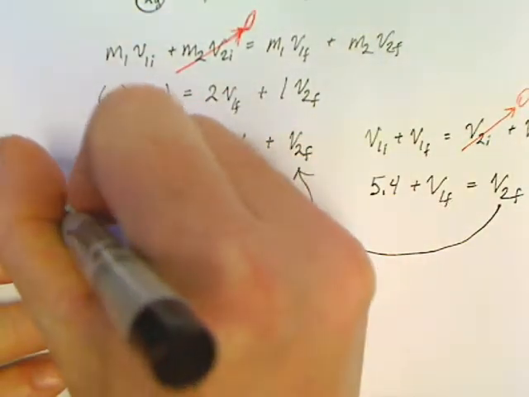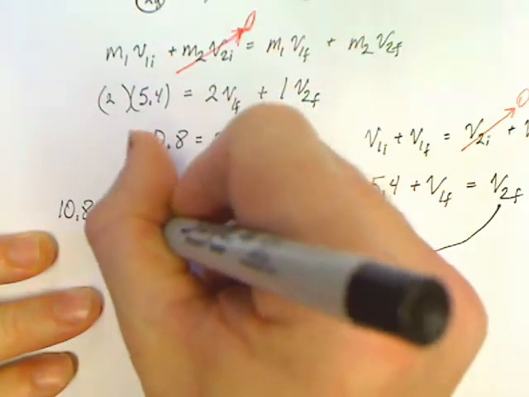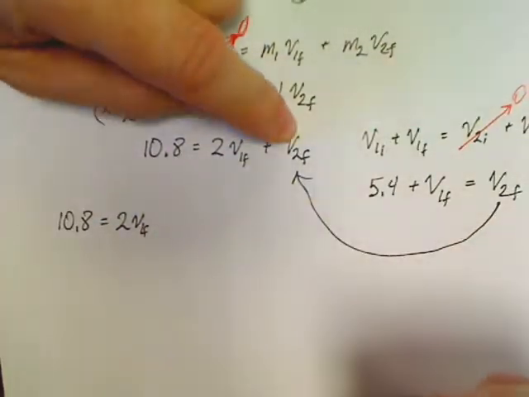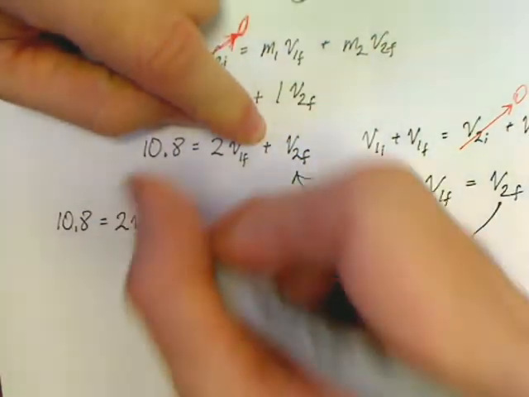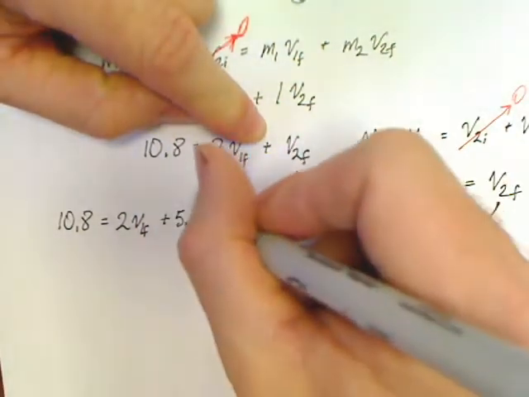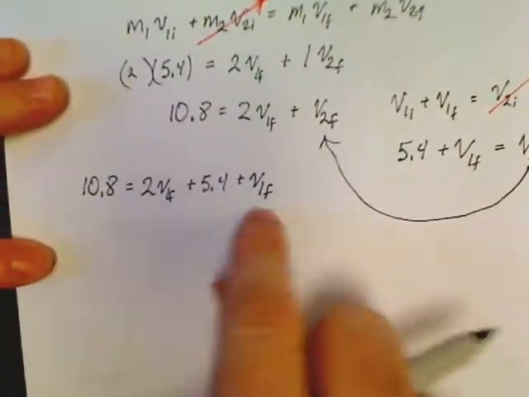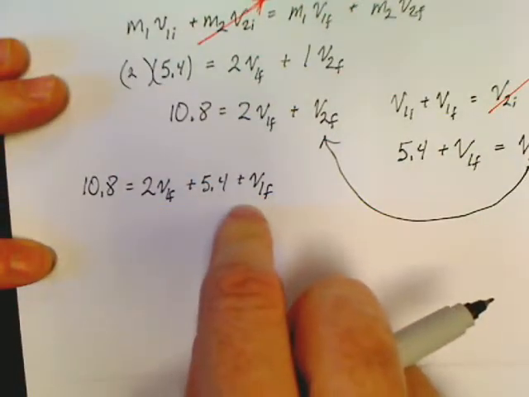So I'm going to take this and plug it back into this equation. So I'm going to have 10.8 equals 2 V1F, and in place of V2F, plus 5.4 plus V1F. And now look, I've only got one unknown.